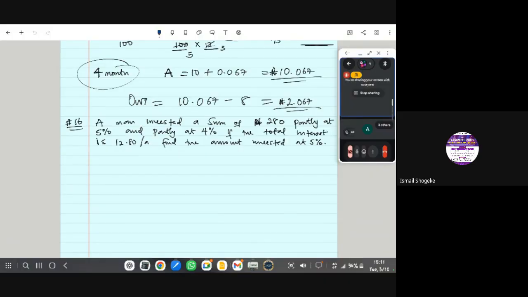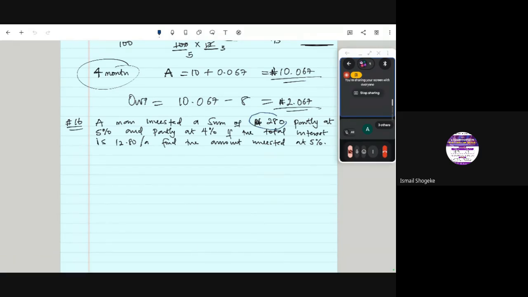So a man invested a sum of 280. So this 280, which is the principal? Our principal is 280. All these 280, he invested partly at 5% rate. So he used one rate and he invested 5%. He used another rate and he invested what? 4%. You understand?